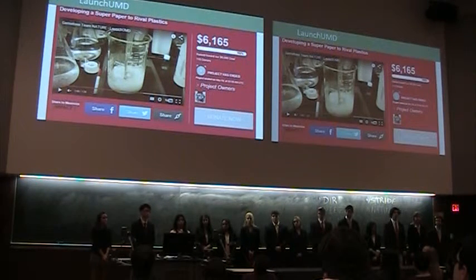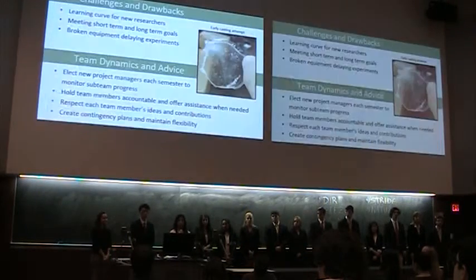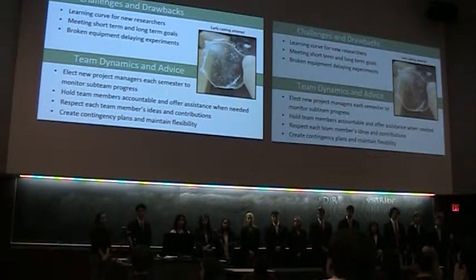Launch UMD is a university crowdfunding platform, and through this resource, which we recommend to future teams in Gemstone, we obtained the necessary funds for our research and then some, which we incorporated into our budget as extra supplies and a planned conference visit.